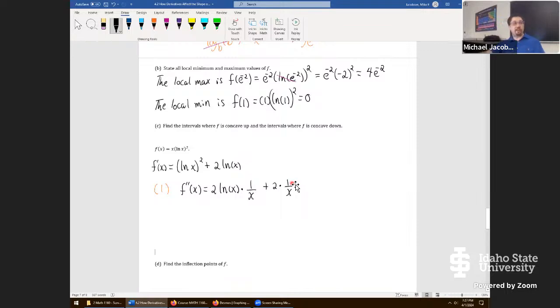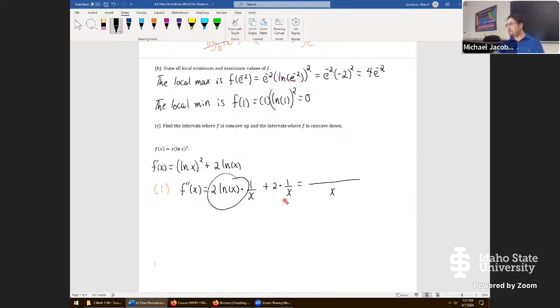Like before, we want to simplify it as much as we feasibly can for the purpose of solving an equation where f double prime of x will be set equal to 0. But notice these both have denominators of x, which means they have a common denominator. So you can start by saying that this is something divided by x.